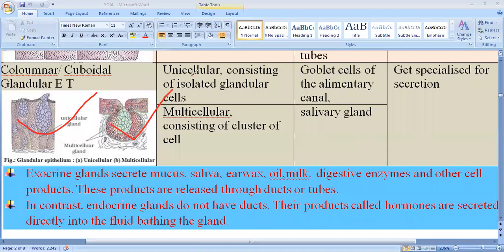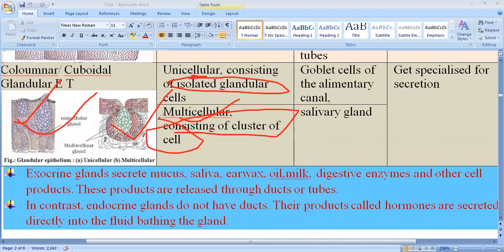Unicellular consists of isolated glandular cells, single isolated glandular cells, and multicellular consists of a cluster of cells. Cluster means a bunch or group of cells.